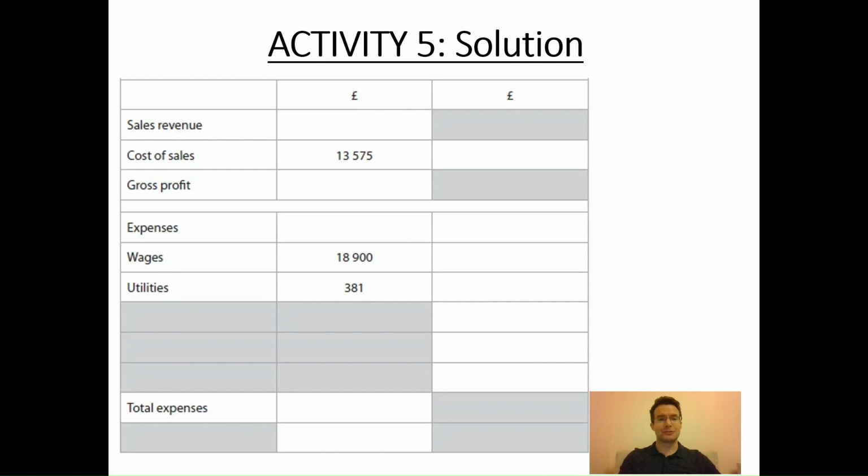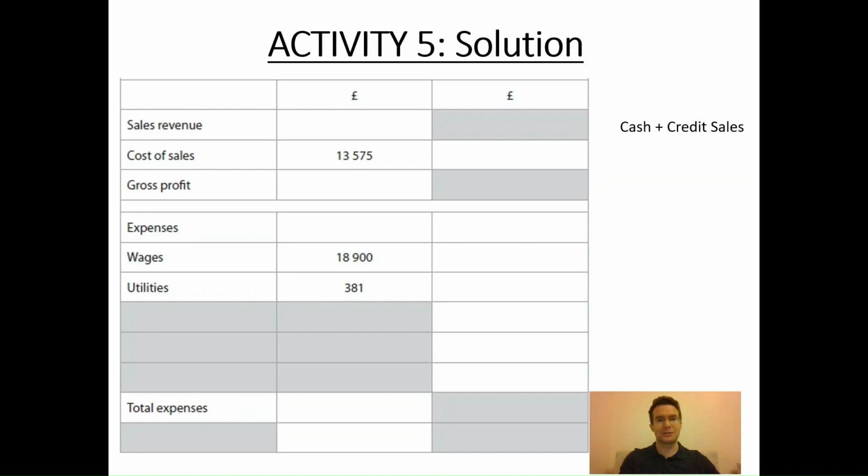You started off presumably with a table that looked like this. Sales revenue at the top, cost of sales, gross profit, expenses, and net profit at the bottom. Now, the first thing you did was take into account the two types of sales revenue that Bella's Beanbags took in during this financial year. She made sales revenue from cash sales and through credit sales.